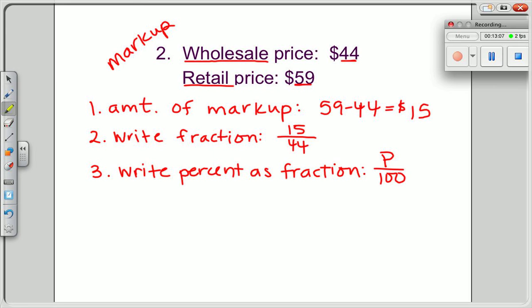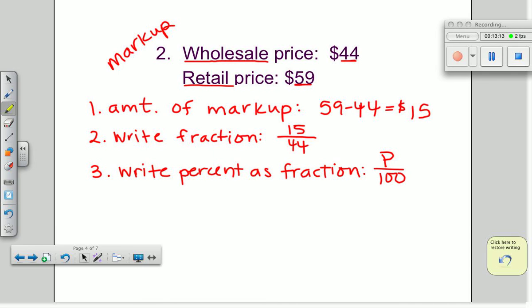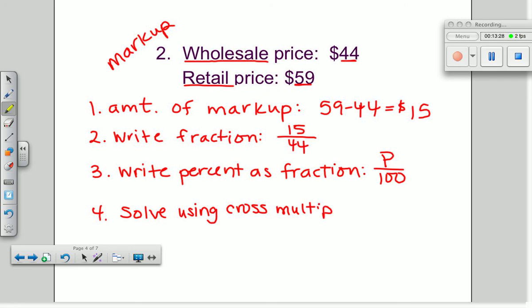And step 4 is to solve using cross multiplication. So my two fractions are 15 out of 44 and P over 100.